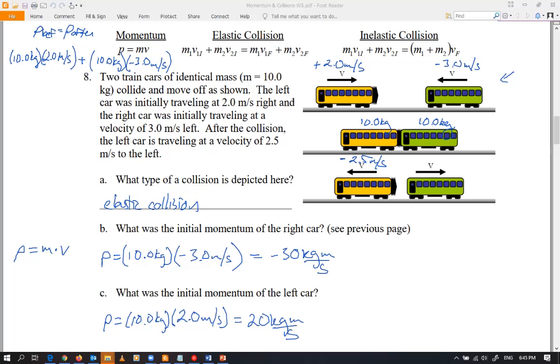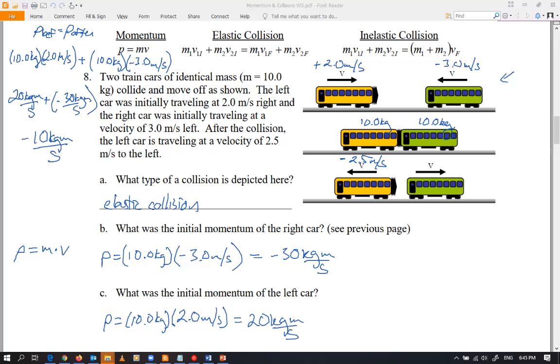Now, this is our initial momentum that we started with in the system, so we have 20 kilogram meters per second plus a negative 30 kilogram meters per second, which gives a momentum before of negative 10 kilogram meters per second.